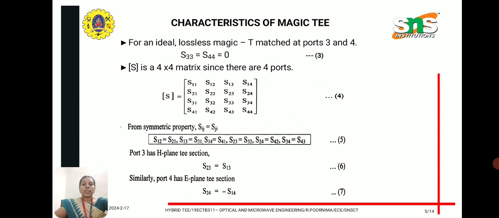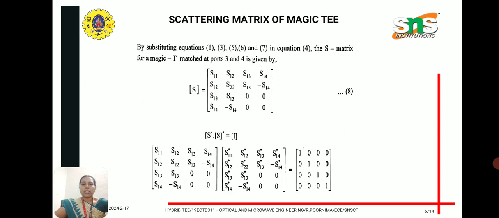Applying the symmetric property, the transpose elements are equal. And from the other properties of the H plane T junction, S23 equals S13. For the E plane, S24 equals minus S14, because port 3 is the H arm and port 4 is the E arm. Here the negative sign is applied to port 4. After applying all these properties, we get the S matrix.